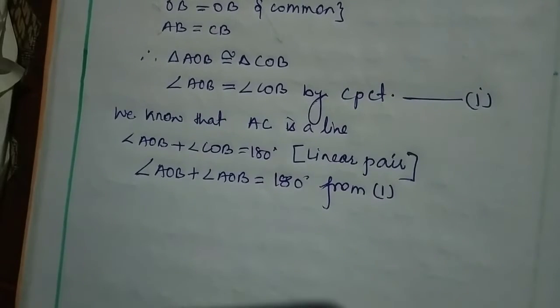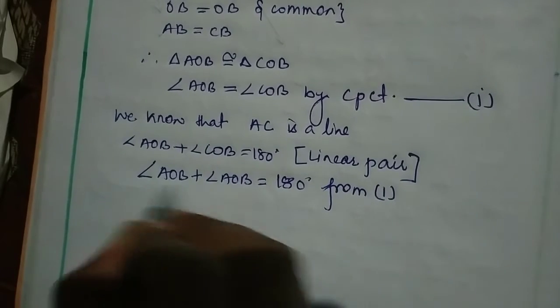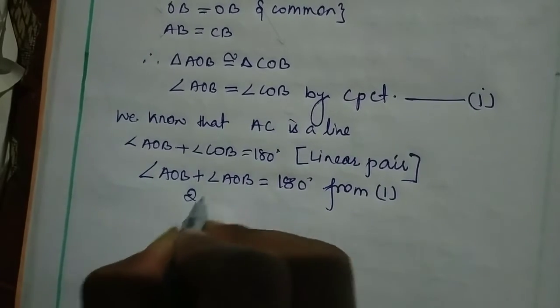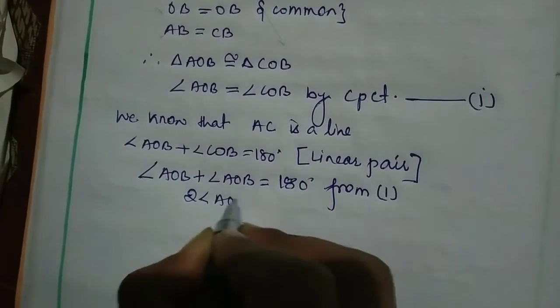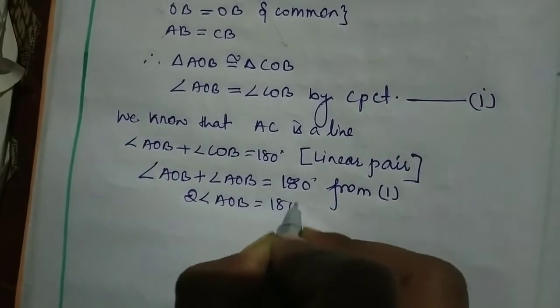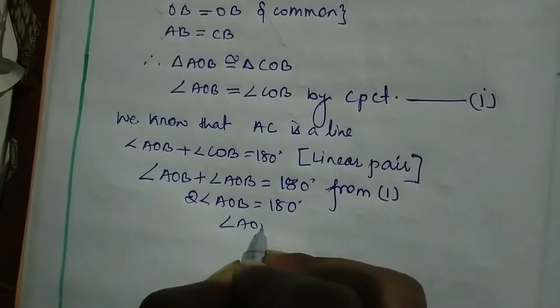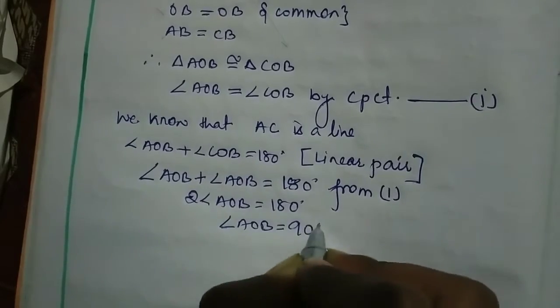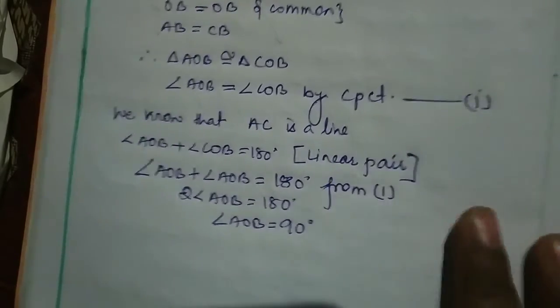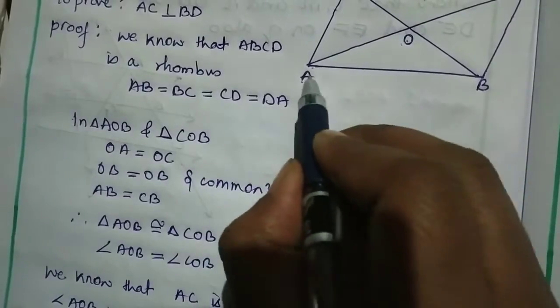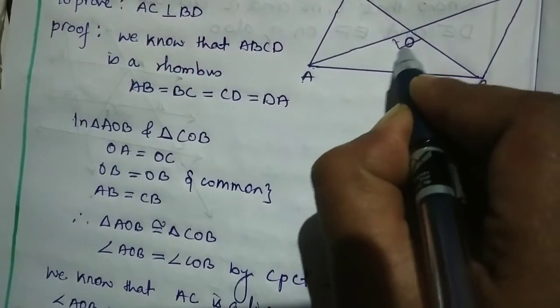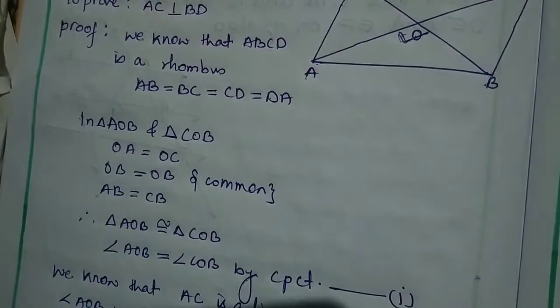We can add this, so we get twice angle AOB is 180 degrees, and angle AOB is 90 degrees. So we found that angle AOB is 90 degrees.